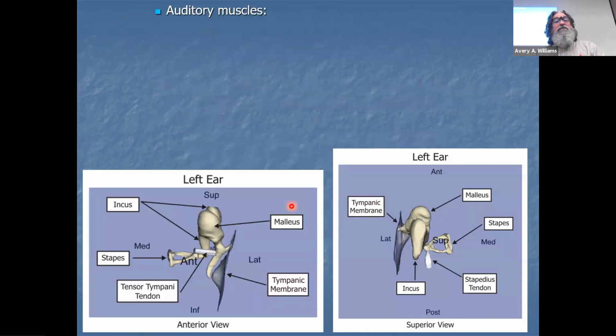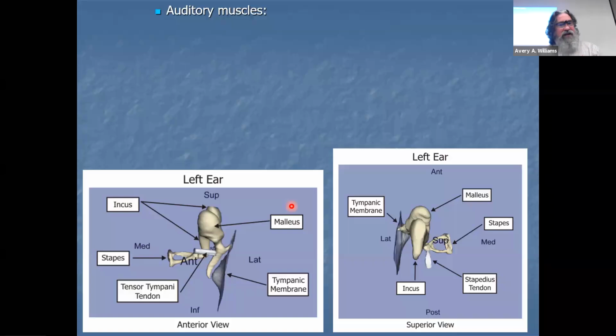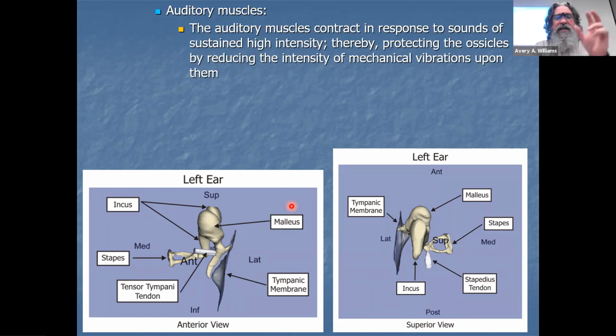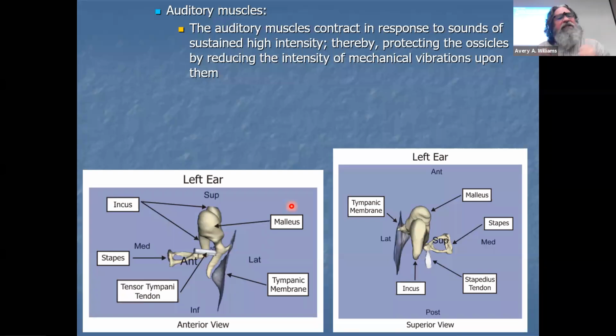Now, there are some muscles associated with the ossicles, and I just call them auditory muscles, and there are two that we identify. The auditory muscles contract in response to sounds of sustained high energy. In other words, if you're exposed to a loud noise for a long time, these muscles will contract to pull the ossicles away from each other, because a loud noise is a lot of energy, bam, bam, bam, a lot of vibration.